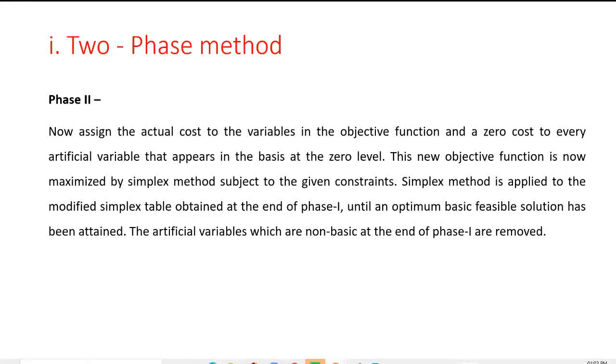The simplex method is applied to the modified simplex table obtained at the end of phase 1, until an optimal basic feasible solution has been attained. The artificial variables which are non-basic at the end of phase 1 are removed. So in phase 1 we remove all the artificial variables and in phase 2 we perform steps similar to the simplex table.